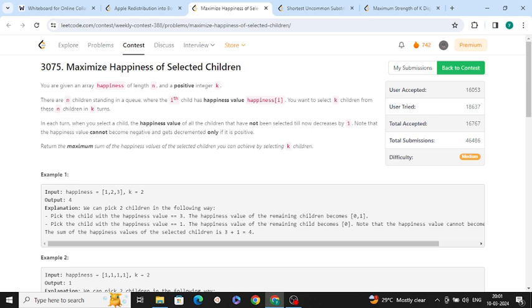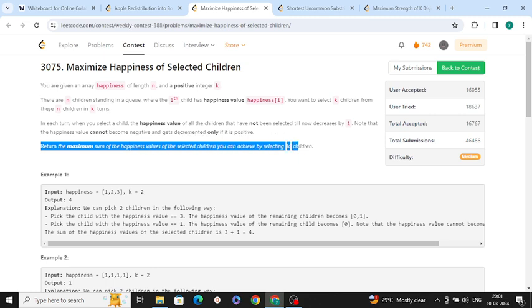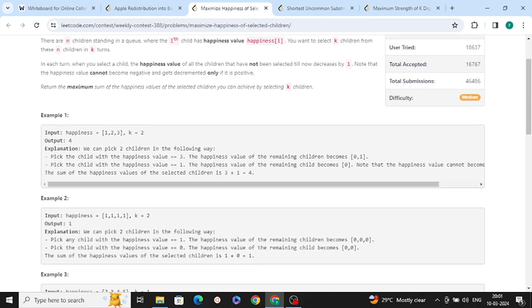We decrement only when the child's happiness value is positive. If it is 0, we can't decrement it, because happiness can't be negative. We need to return the maximum sum of the happiness values of the selected k children.